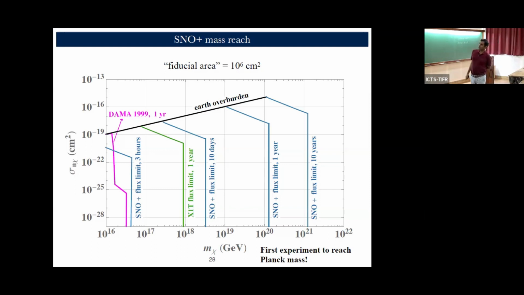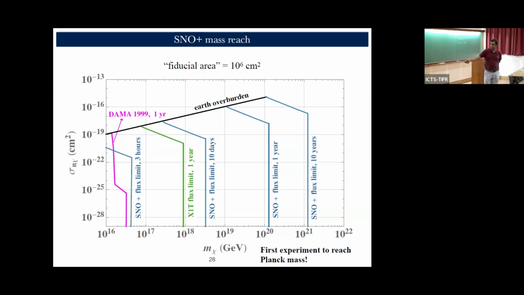And if they were to dedicate the detector to dark matter for just 10 days, again, in the mass frontier, they would already beat the sensitivity of xenon 1 ton. And if they waited a year, they would go past the Planck mass, which is totally fine. You're just probing some sort of composite dark matter. With 10 years, they would go to 10^21 GeV and so on.